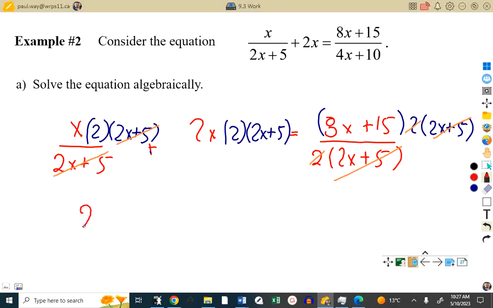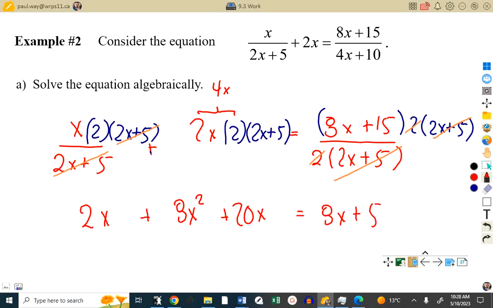We have 2x plus, this is 4x, so I'm going to multiply that 4x by the 2x plus 5 and get 4x times 2x is 8x squared plus 4x times 5 is 20x.